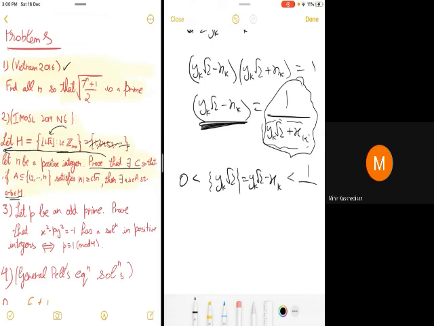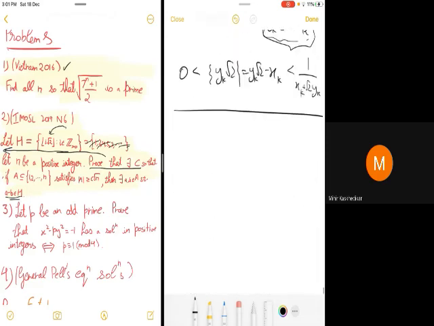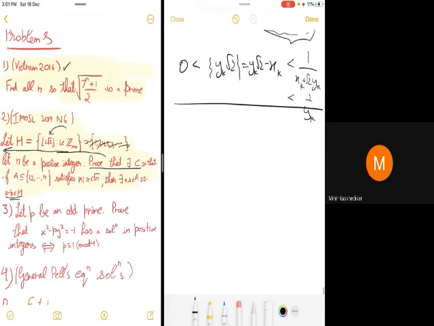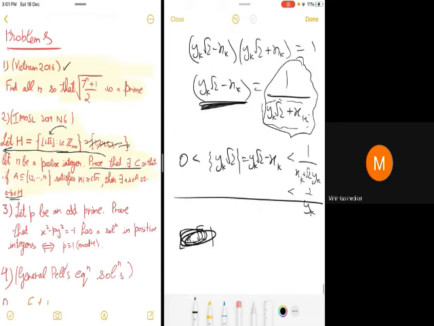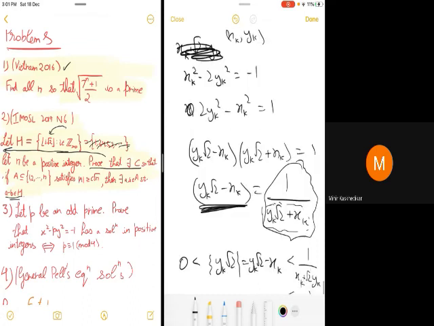Let's keep it like this only. If we consider, okay, we'll bound this by 1 by yk. Then notice that this thing xk root 2, wait, yk, okay wait a second.